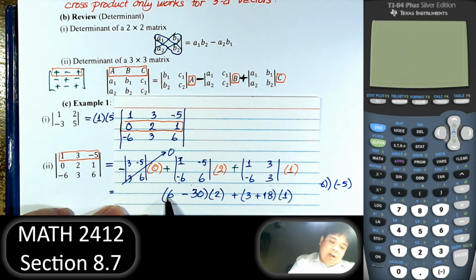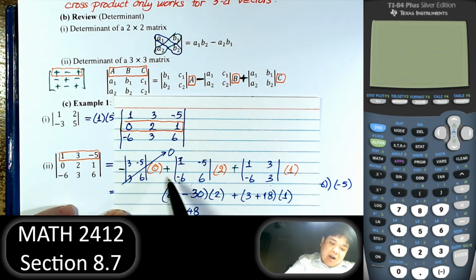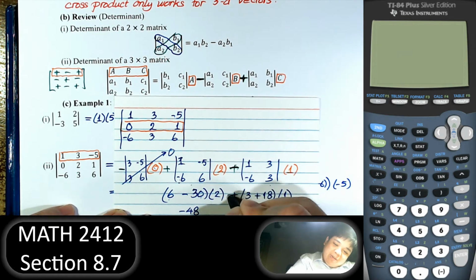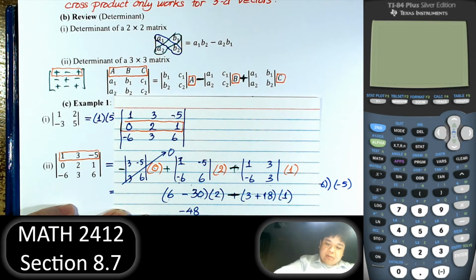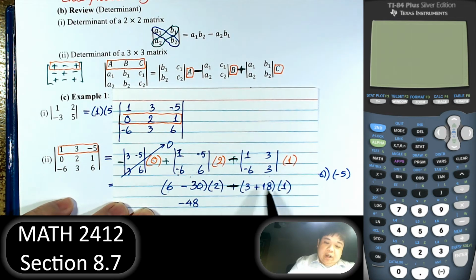What we have is 6 minus 30, -24 times 2, -48. And the sign will be minus, plus, and minus. Sorry about that. And then 3 and 18, -21. I mean subtract 21, and that gives us -69.